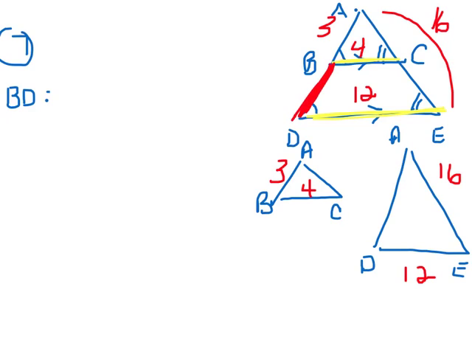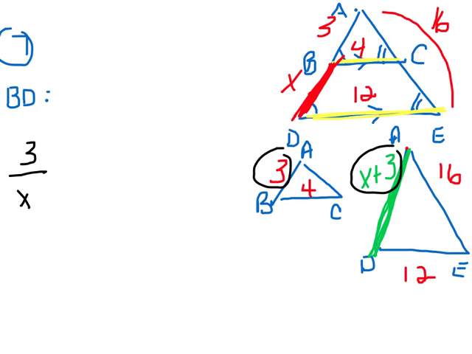So I'm going to call it X. On the big triangle, wouldn't that be this side? I'll highlight it in green. Wouldn't that make this whole side right here X plus 3? I'm going to say 3 goes to X plus 3. Let's see, 4 and 12 match up and they both have numbers, that little base piece. So wouldn't that be handy to use 4 and 12?